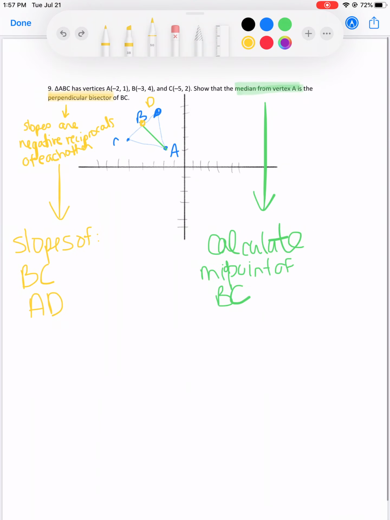Okay, so it's a big question, really good question, lots to it. It's a nice teacher question, but I'm sure it's not a nice student question. So let's get started. So we have to do the midpoint of BC.